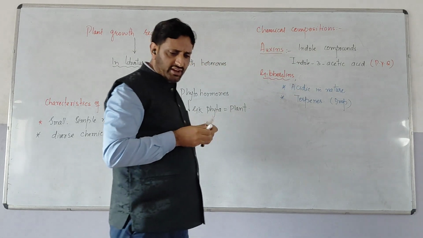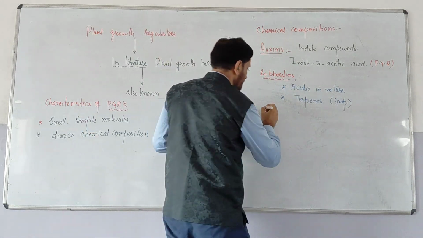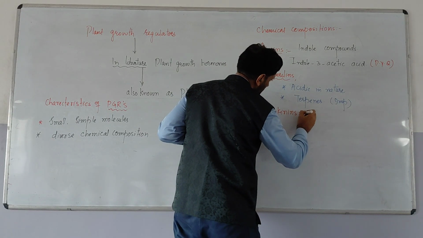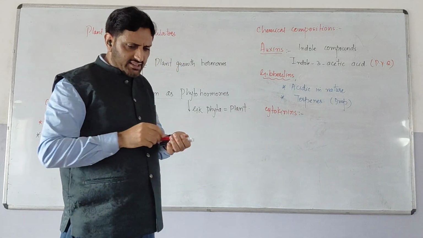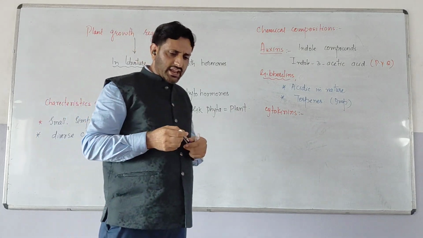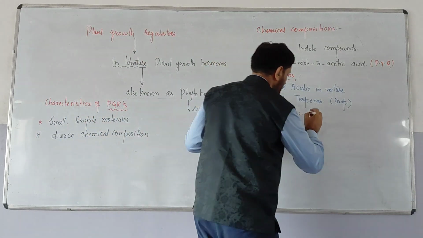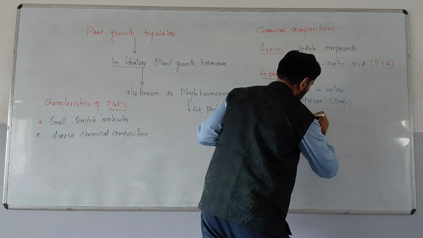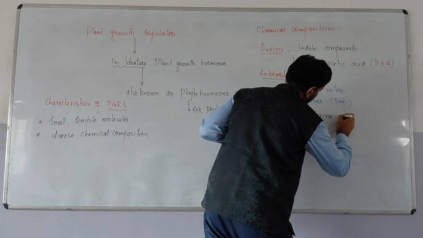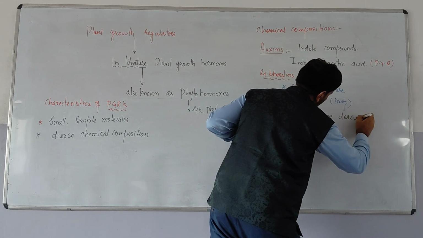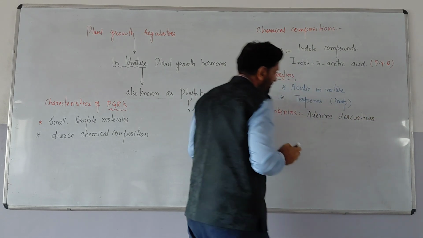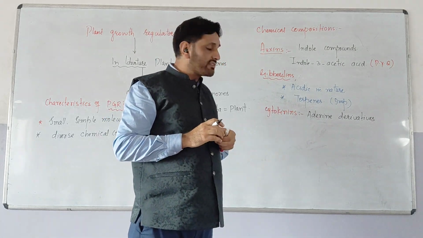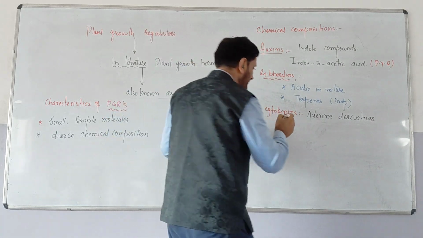Next, the third one is cytokinins. We have discussed that these are adenine derivatives. In cytokinins, it was discovered as kinetin. What is that kinetin?